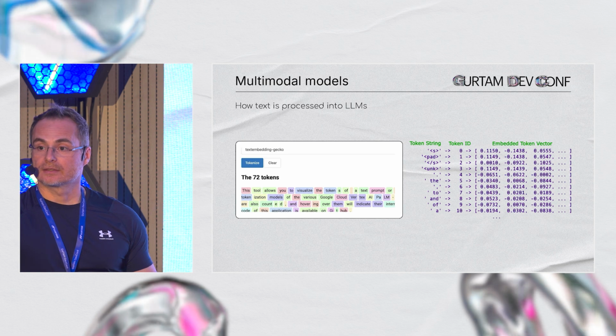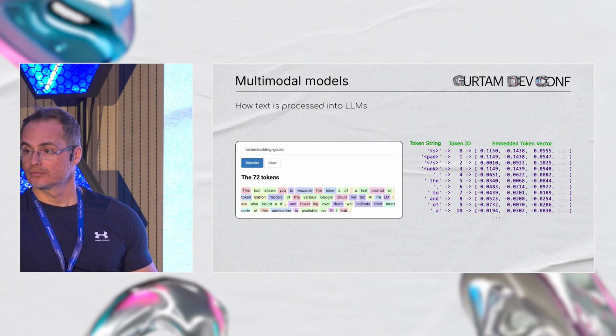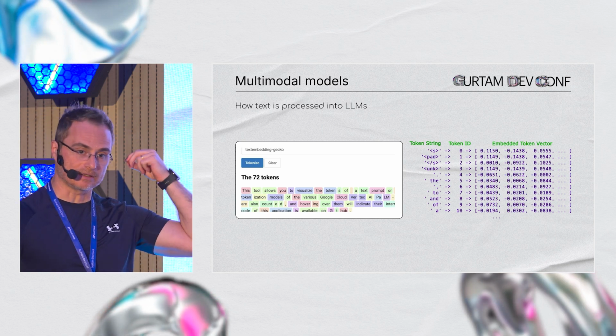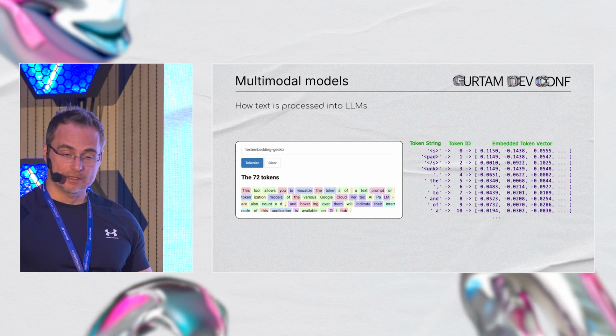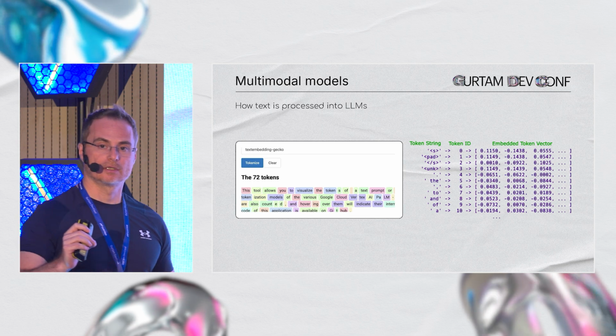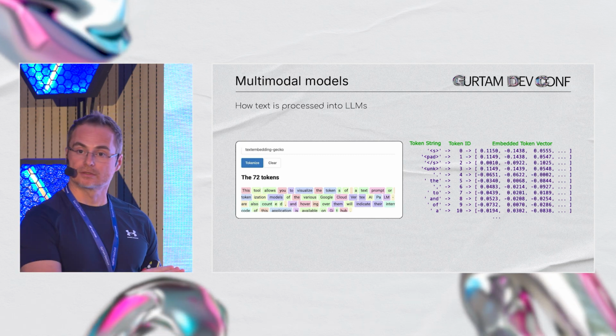How can we do that? Using what is called tokenization. Tokenization is the process of converting text into tokens, where a token is not just a word, but could also be a portion of a word.